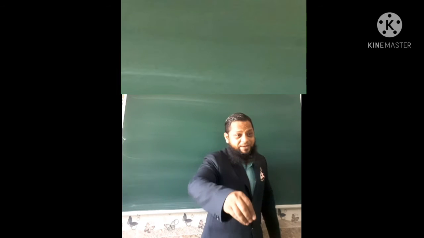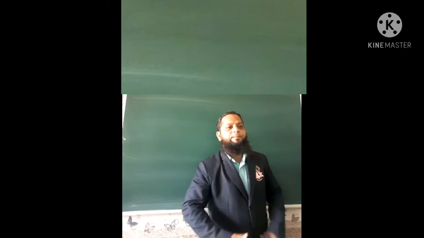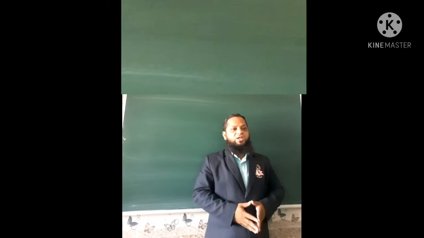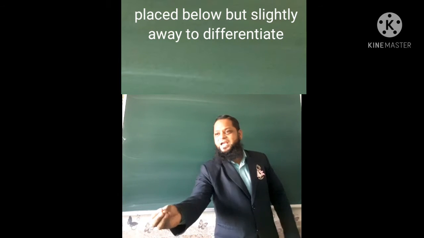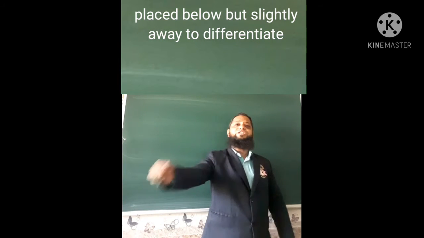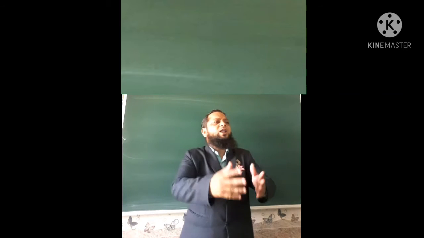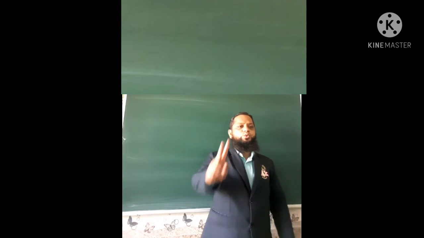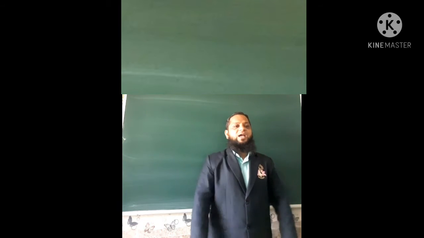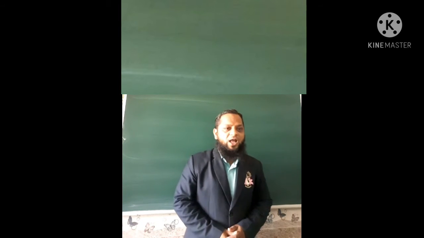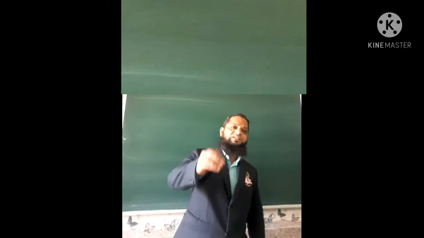If the element is similar but not very much, it is placed below but slightly away to differentiate it. Each column will have two subcolumns, A and B, such that elements in the subcolumns show more resemblance.